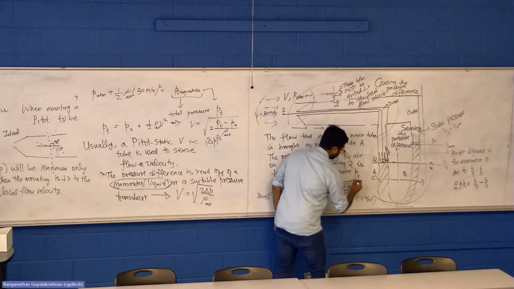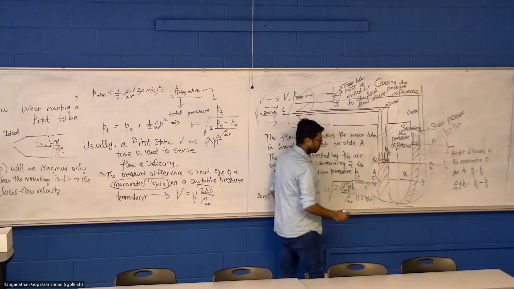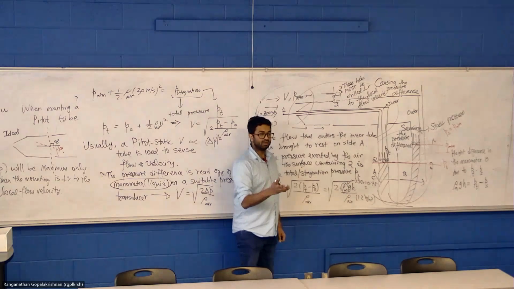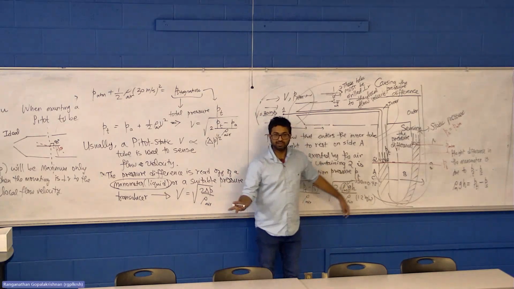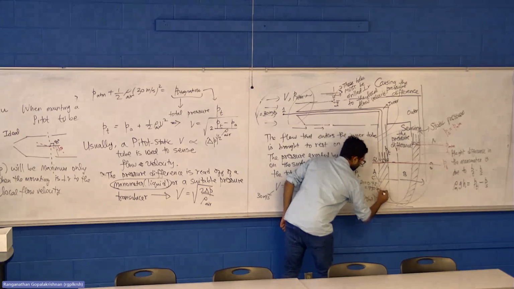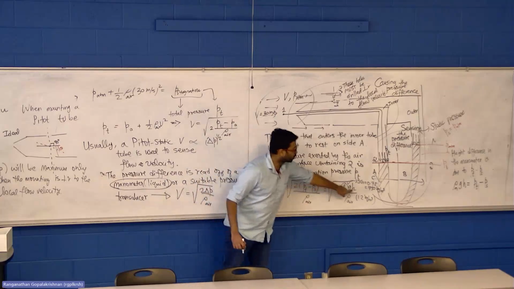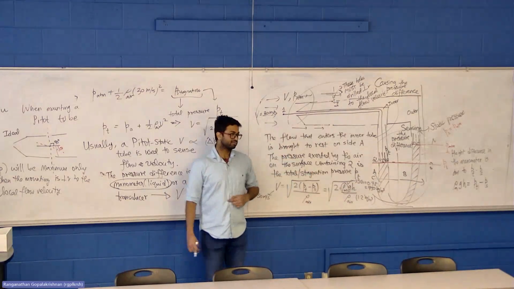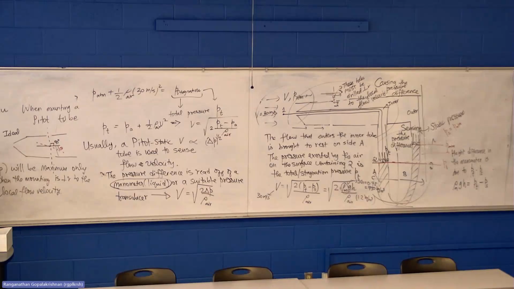The specific gravity of 0.75 is like saying the density is, always multiply specific gravity by 1000, the density of water. So this is like 750 kg per meter cubed. And then h is the only quantity that you need to calculate. You can do that, so I'm not going to do that.